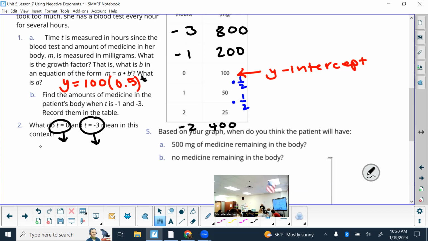So 0 hours since she did the blood test. But good to remember, she doesn't really remember how much medicine she took. So if you reread that, t is measured in hours since the blood test. So when she took the blood test. Initially.